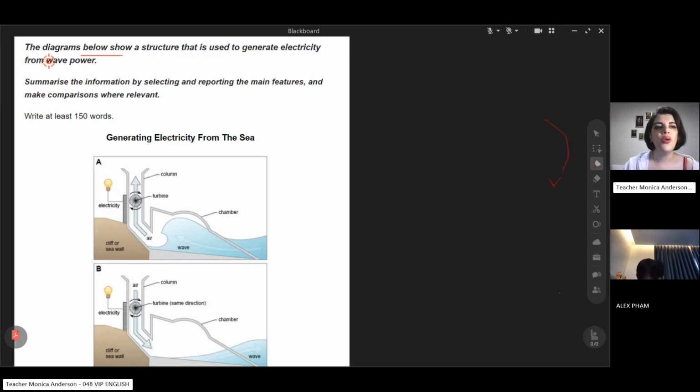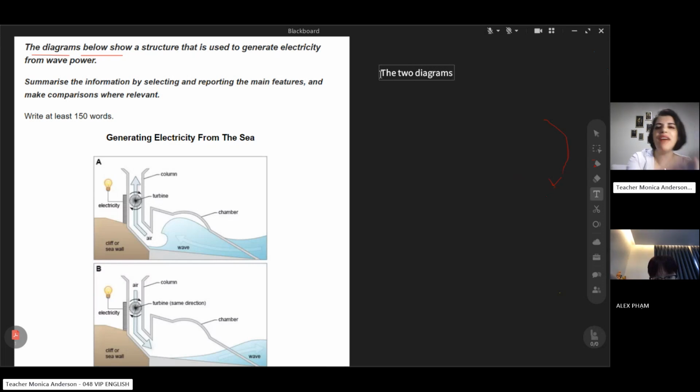Let's see what I can write. Can you help me? The diagrams below.